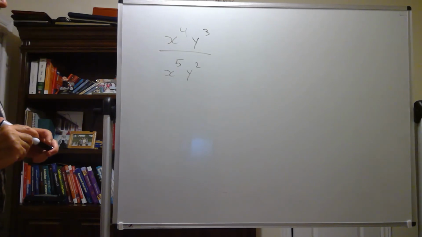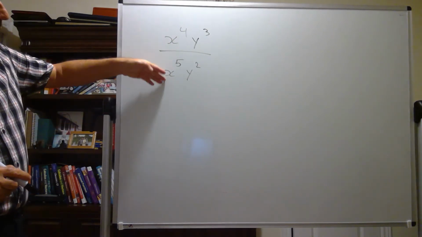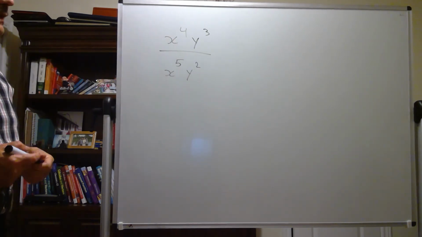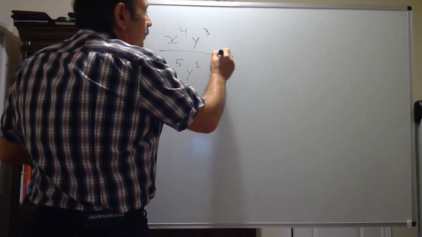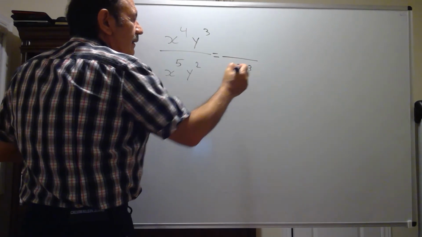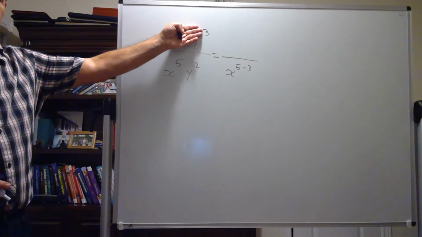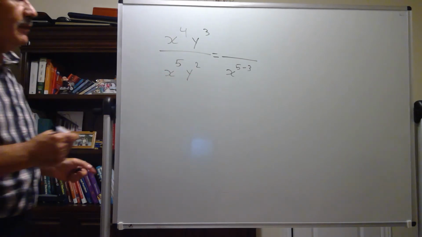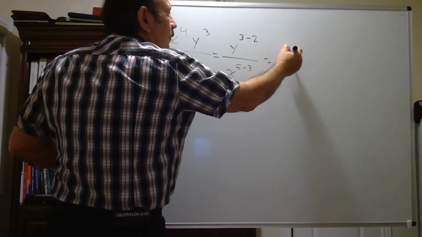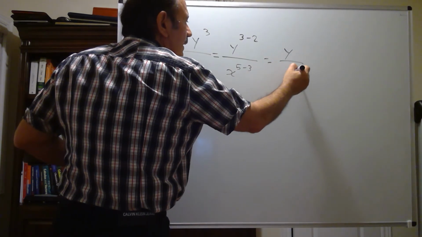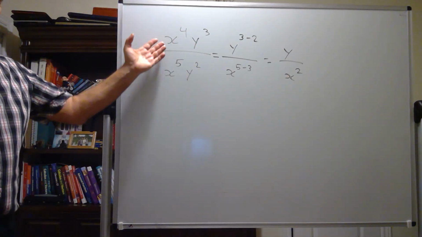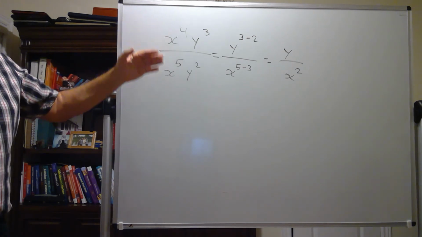In this case, regarding x, the exponent of the bottom is greater than the top. So x is going to be in the denominator, 5 minus 3. And for y, the exponent of the top is greater than the bottom, so y to the power of 3 minus 2. Then it's going to be y, since 3 minus 2 is 1, over x squared. So that is division of monomial by monomial.